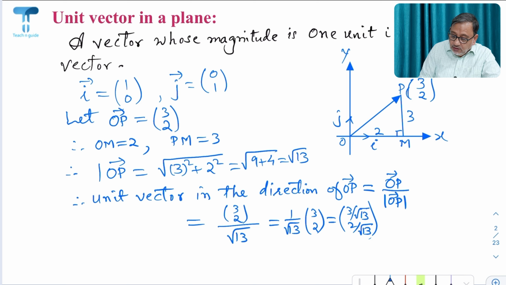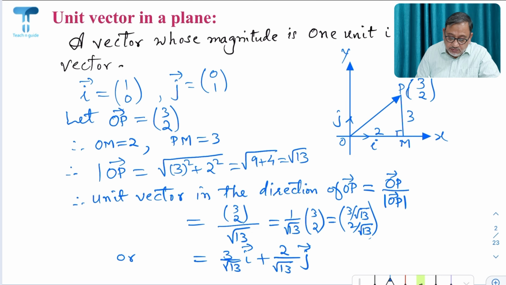Or you can also write it equal to 3 by root 13 i plus 2 by square root of 13 j.